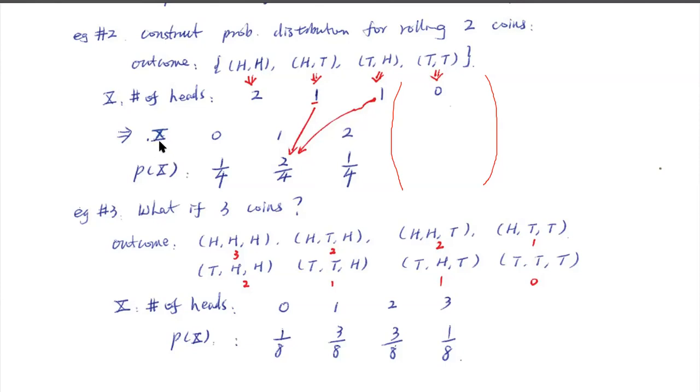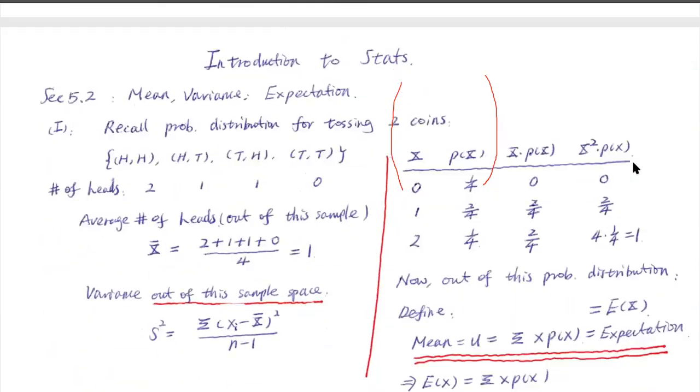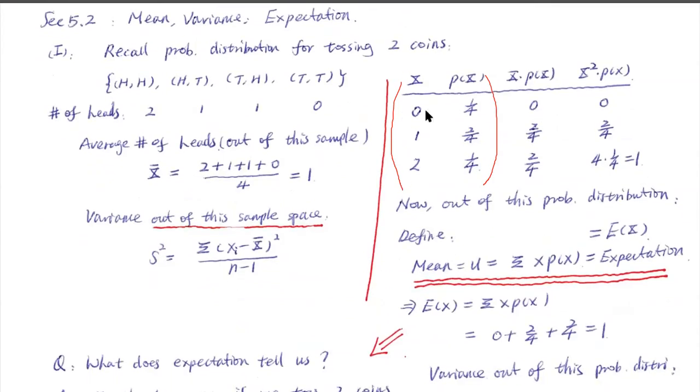So we put this table from horizontal to vertical. That's the reason you see now X is 0, 1, 2. Follow me, right? And the corresponding probability of X is 1 over 4, 2 over 4, 1 over 4. That's what we had. Everybody?